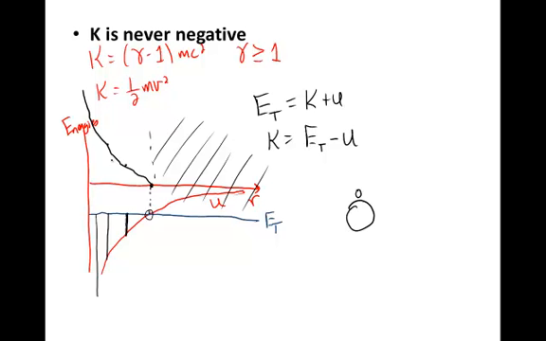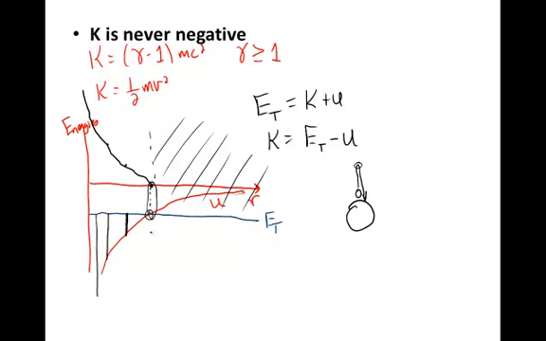So that would start at some height with some velocity, and if the velocity is too small, if the initial total energy is negative, what will happen is this ball will go up to a certain height, and when it reaches this point right here, where the total and potential energy are the same, the ball will turn around and fall back down to the surface of the Earth. So this point right here corresponds to that turning point.